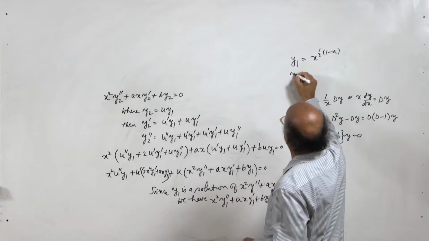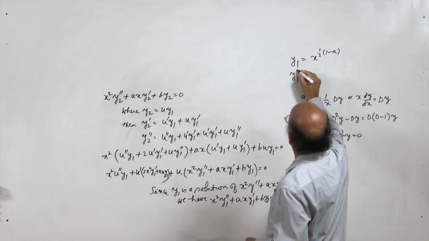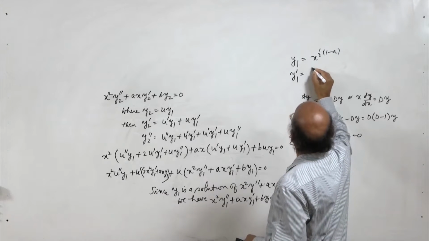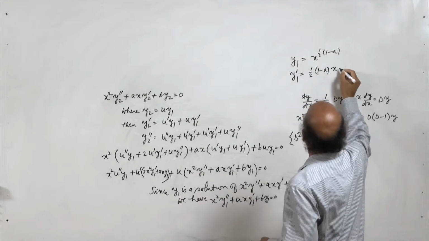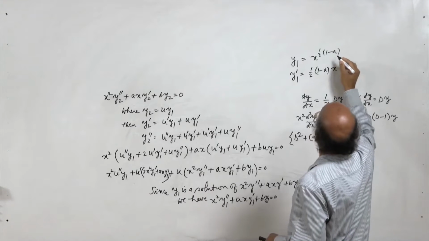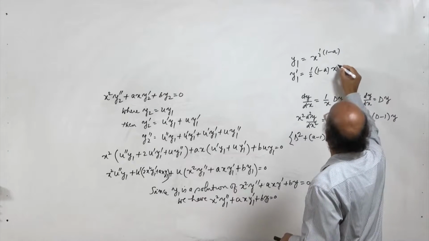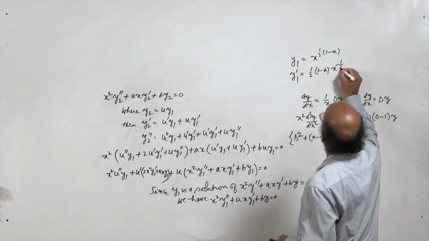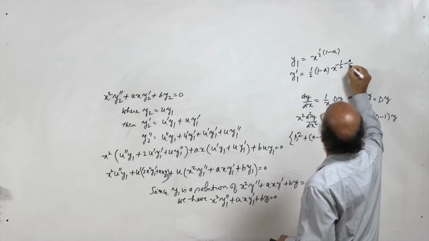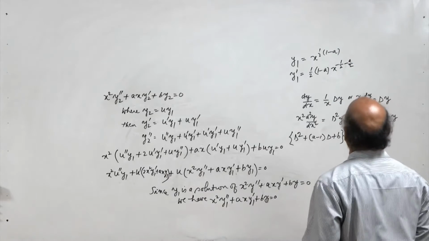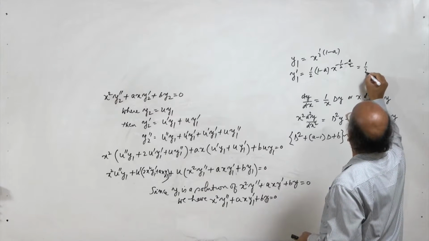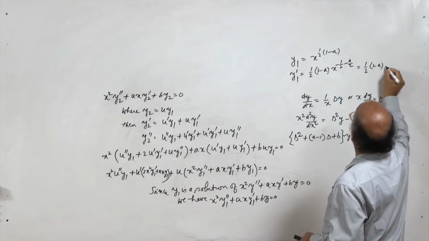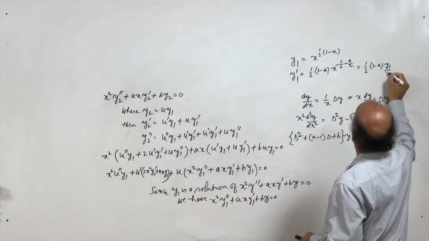Okay. So, let us differentiate this. So, y1 dash equal to (1/2)(1 minus a) x to the power (1/2)(1 minus a) minus 1. So, this can be written as (1/2)(1 minus a) into y1 divided by x.